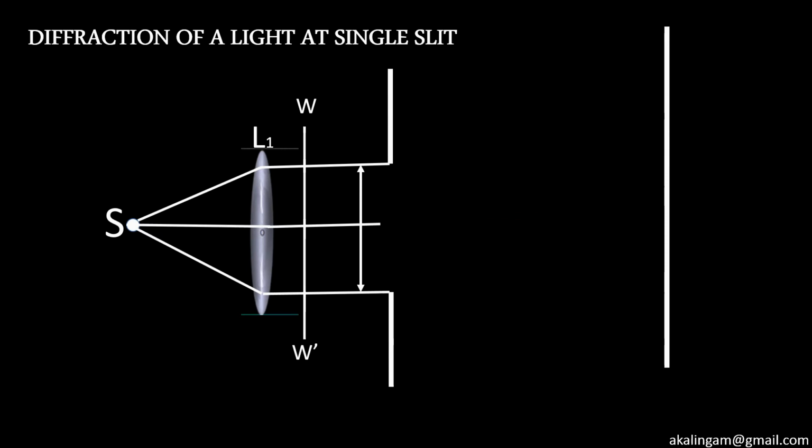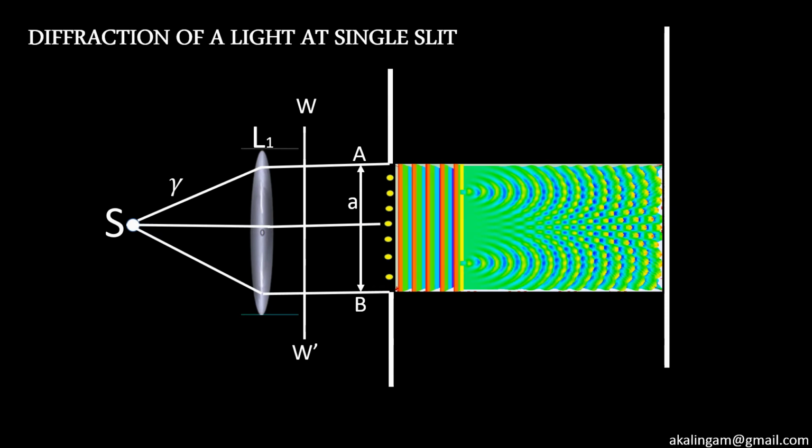Now we make it incident on a narrow rectangular slit AB of width a. When a wavefront passes through a narrow slit, each point on it acts as a fresh source of disturbance.